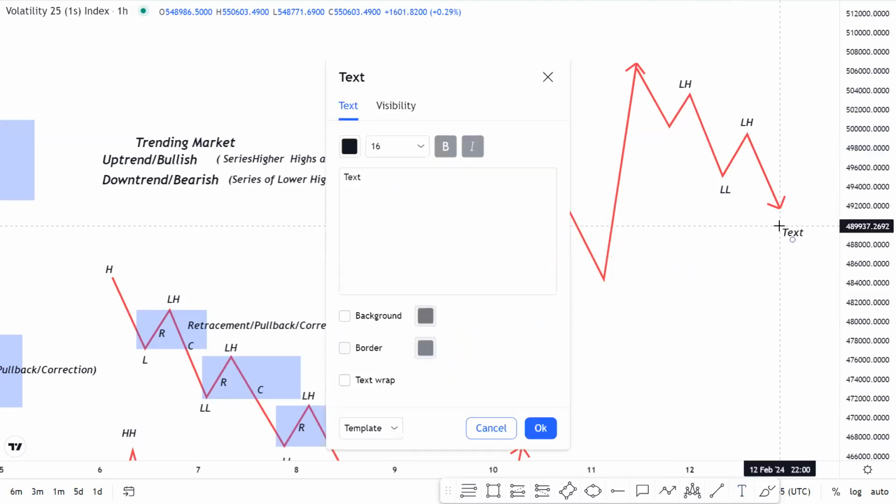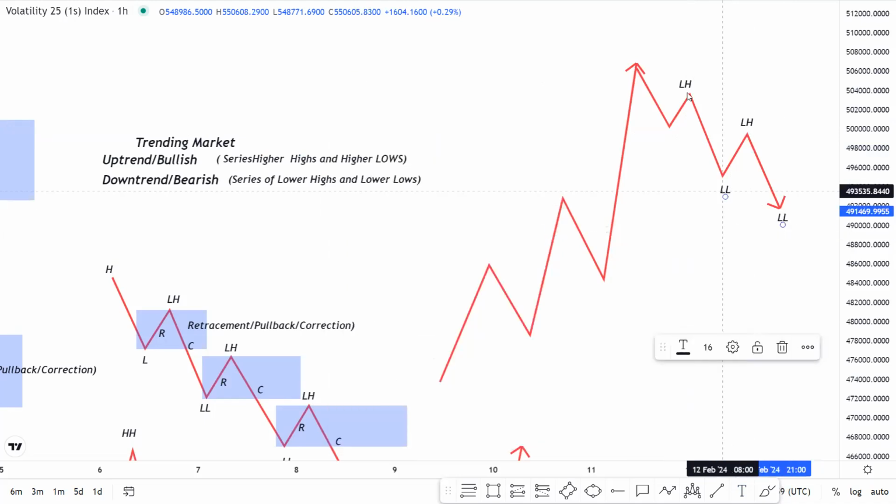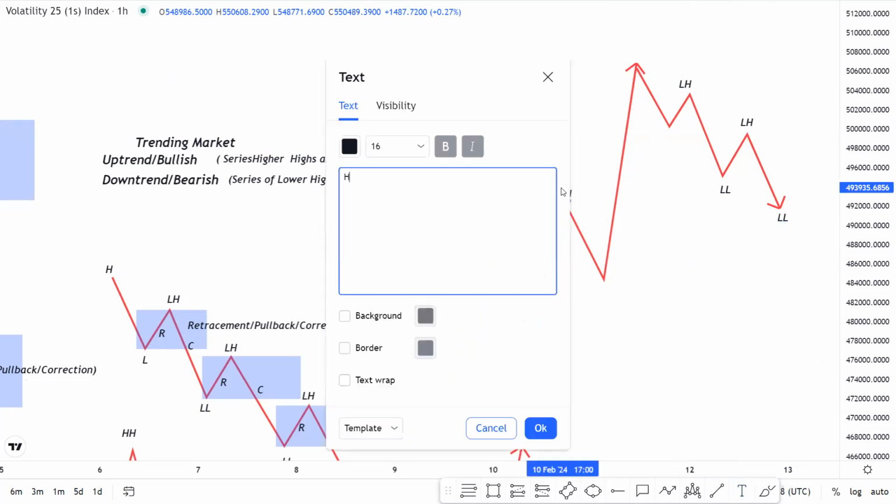So this clearly indicates a lower high, lower low, lower high, lower low, being the characteristics of a downtrend. But then we have this movement right about here, which has the characteristics of an uptrending market, where we clearly have the market giving us higher highs and higher lows.